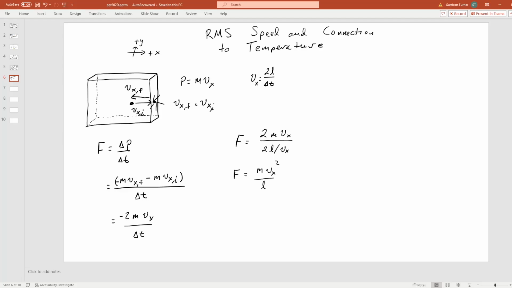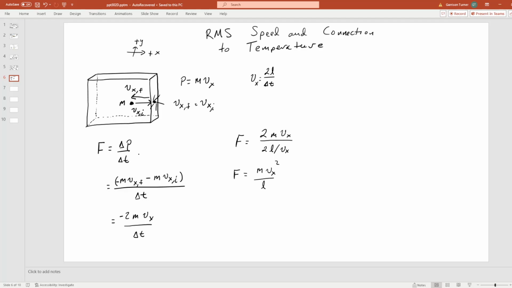We now want to derive a very important result between the RMS speed of a molecule in a gas and its connection to temperature. To start, suppose you have a molecule in a container, and it has mass m.